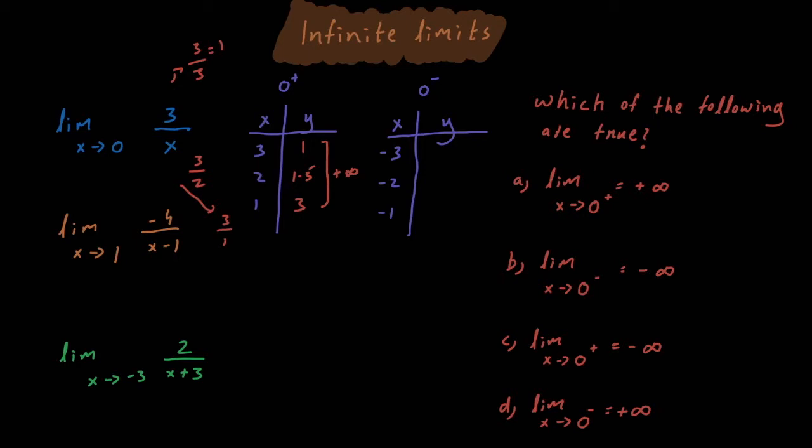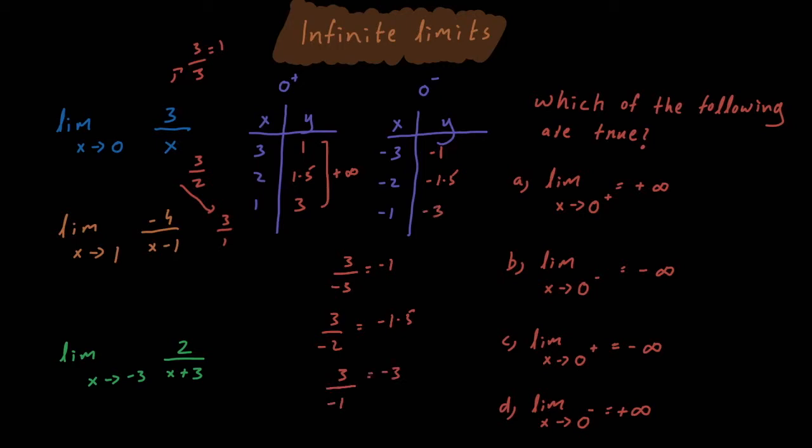Let's try the other one. From the negative side, if I substitute for -3, we have 3 divided by -3, which is -1. If I substitute for -2, I have 3 divided by -2, which is -1.5. And if I substitute for -1, I have -3.